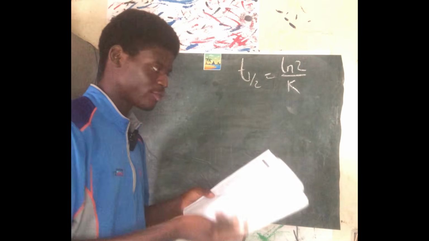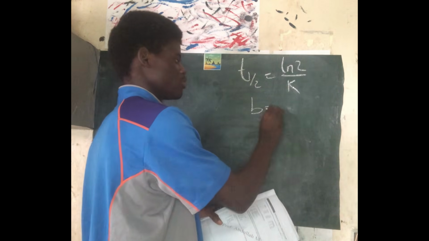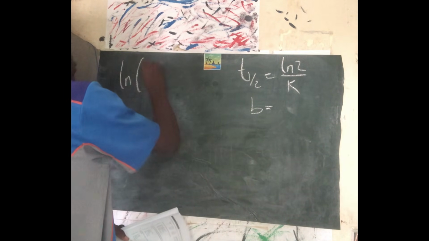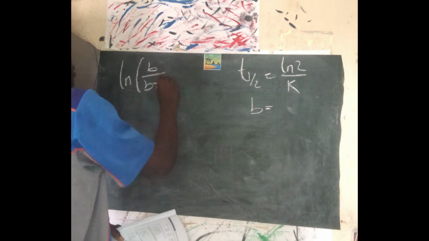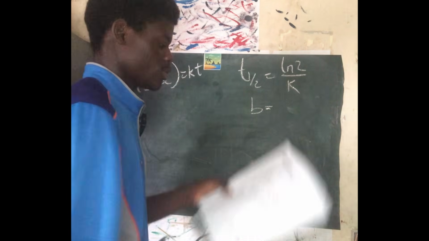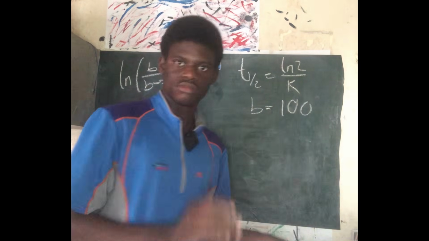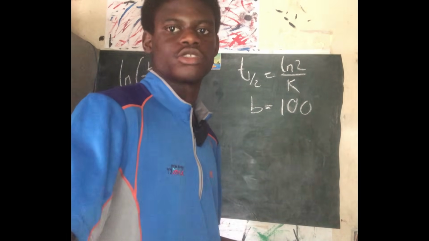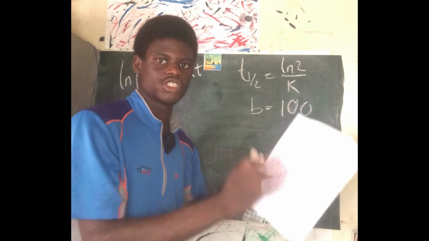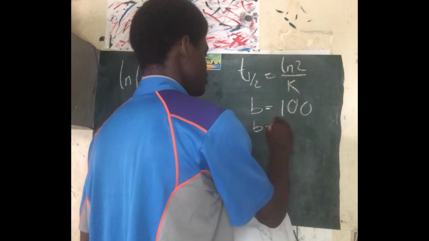So they say it is 25% complete. That means we are going to use the integrated rate law to find k from the information given. The initial concentration will be 100% because it has to be 100% from the beginning.